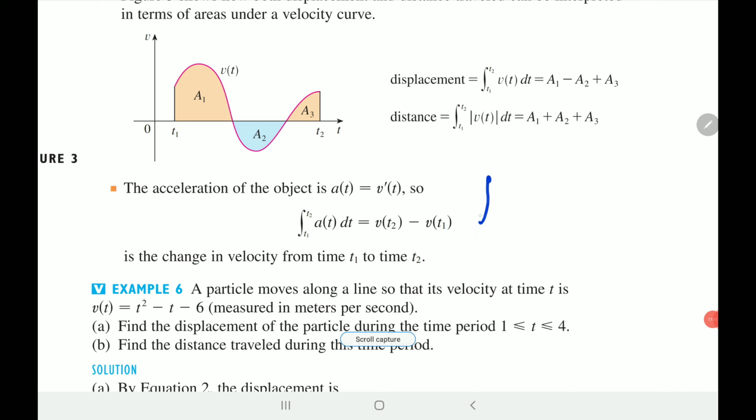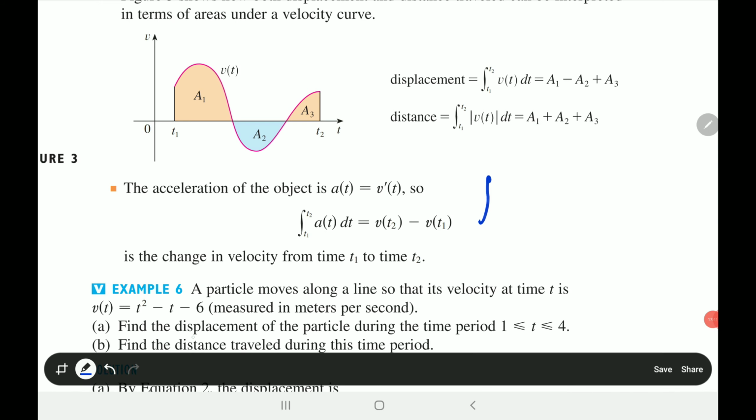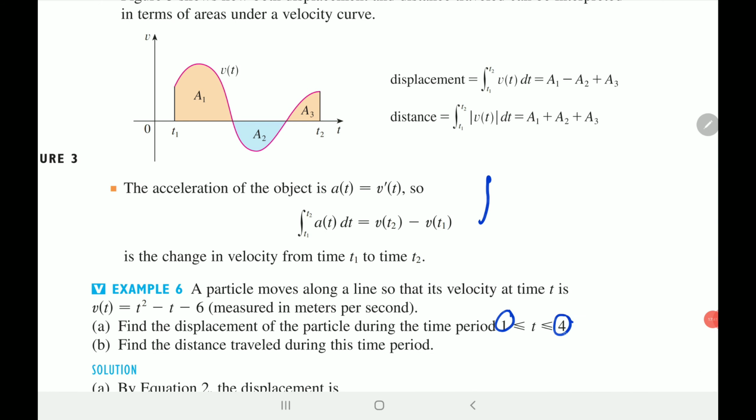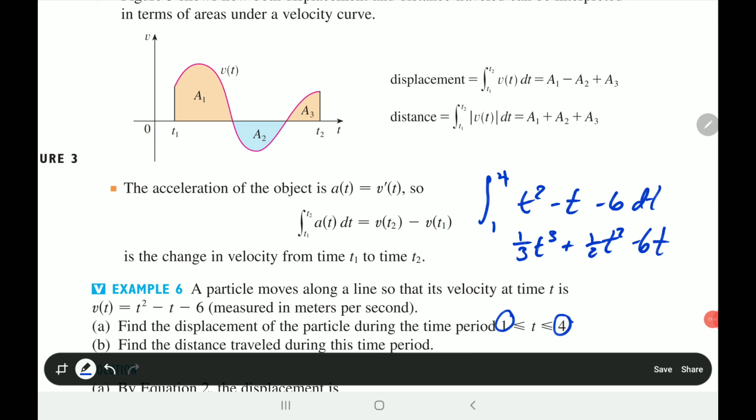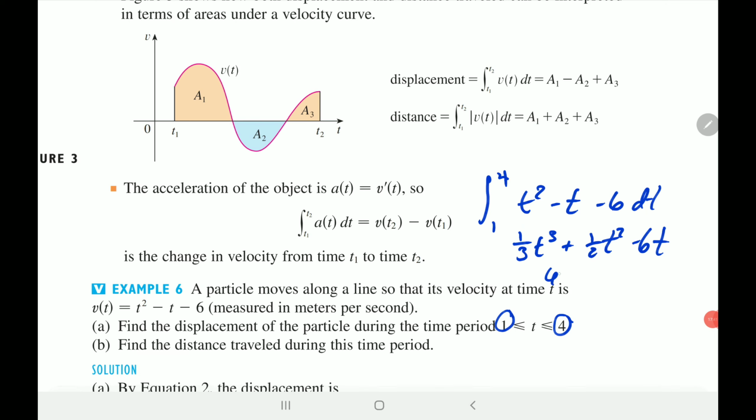Displacement would just be the integral. We want to know from 1 to 4. So the integral from 1 to 4 of t squared minus t minus 6 dt, which just means antiderivative, so 1/3 t cubed plus 1/2 t squared minus 6t, and then we plug in 4 and then plug in 1. 4 would give us 1/3 of 64, so 64 over 3, plus 8 minus 24.